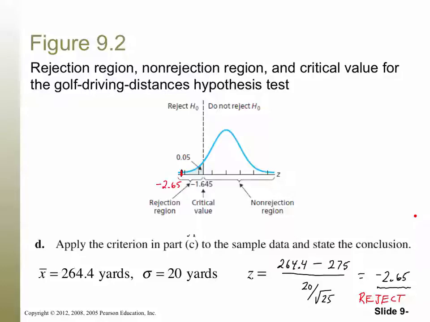Okay, but notice also, is this negative 2.65 close to negative 1.645, just a little bit to the left? Yeah, it's a whole other standard deviation over. Compared to the negative 1.645, this is significantly further over. So there's something else we can consider here.